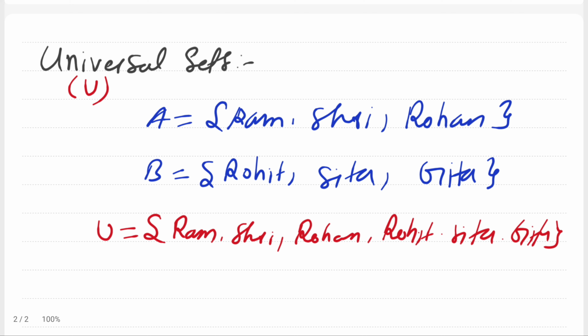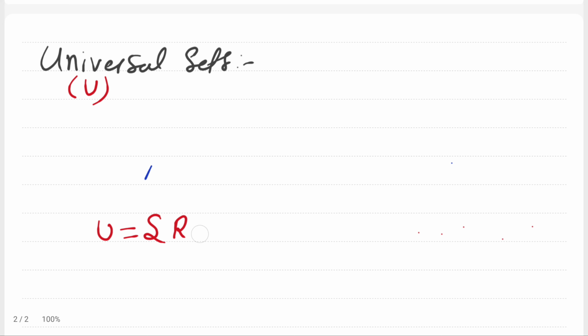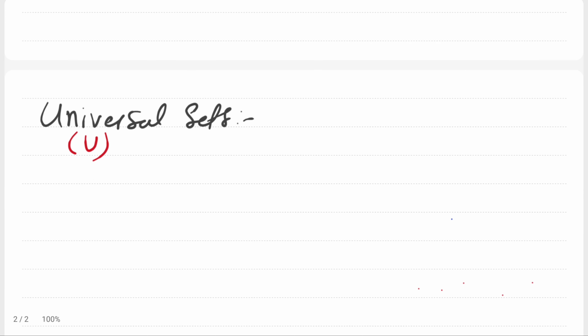Universal set means what? A set which has the elements of all the related sets without any repeating. So this is our definition. Let me write the definition, then I will give you an example to understand the universal set better.